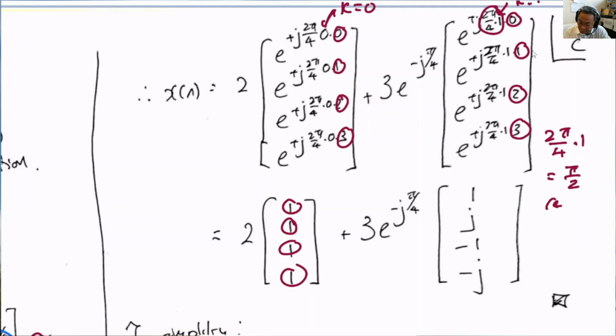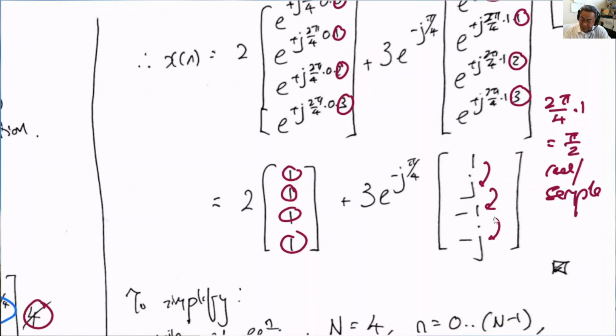And this is pi over 2 radian per sample. And we observe the index n equals 0, 1, 2, 3 running. So we recognize it as a complex exponential rotating. Now it's plus, so we are rotating anti-clockwise as we are moving down time. So we fill up this number: 1, j, minus 1, minus j. And then this is the final answer that we get.